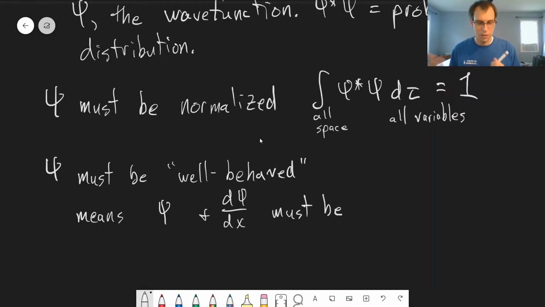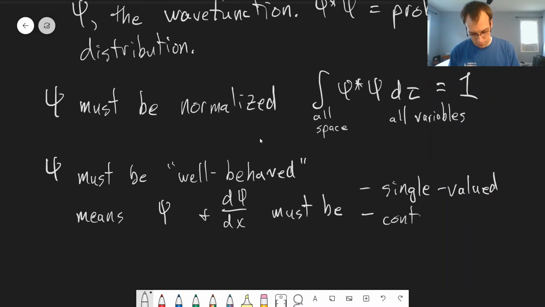Both the wave function itself and the derivative of the wave function have to be single valued, continuous, meaning that you can take a derivative at all points along the wave function. There are no sudden jumps in the wave function. And finite. It has to be bounded.